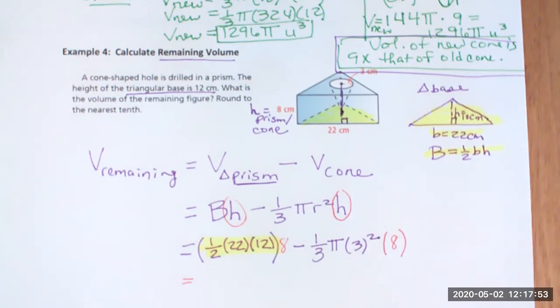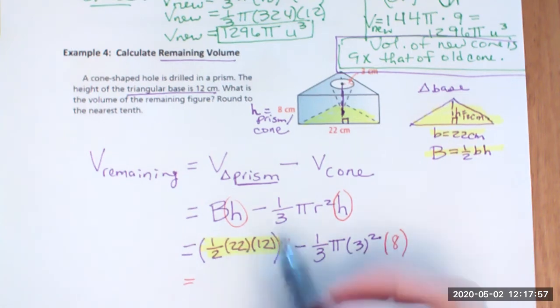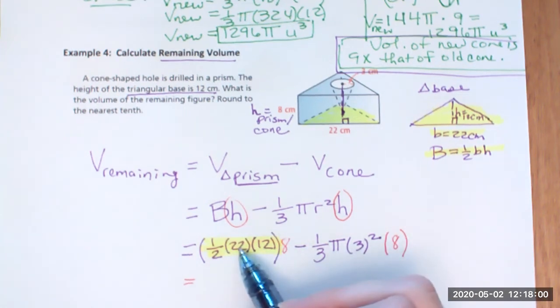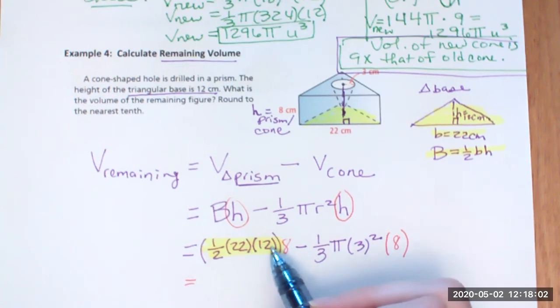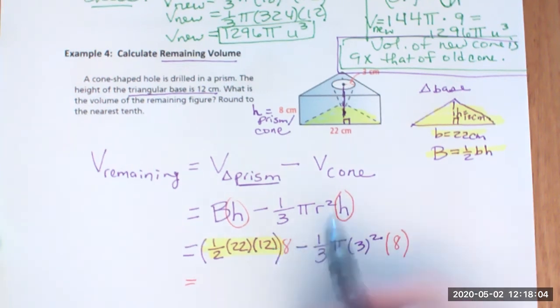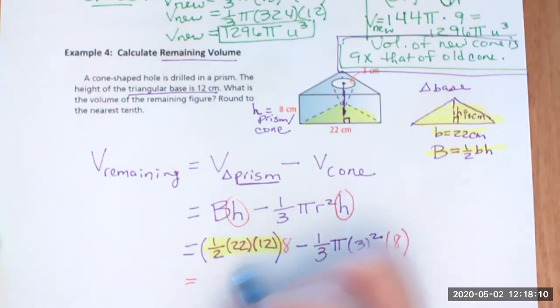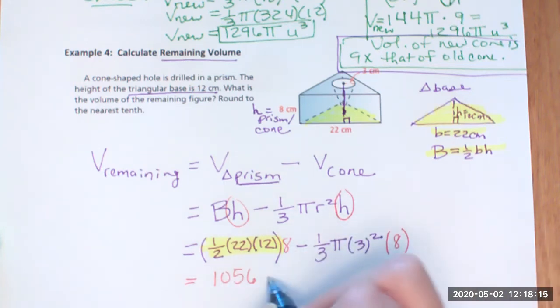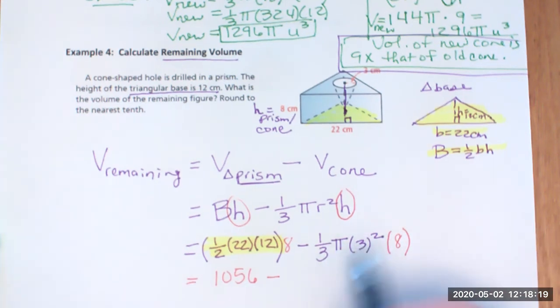So we're going to go ahead and we'll multiply this out. So we've got 1/2 of 22 is 11. 11 times 12 is 132. And 132 times 8 is going to be 1,056. Okay? I'm going to subtract out 1/3 of pi times 9 times 8.